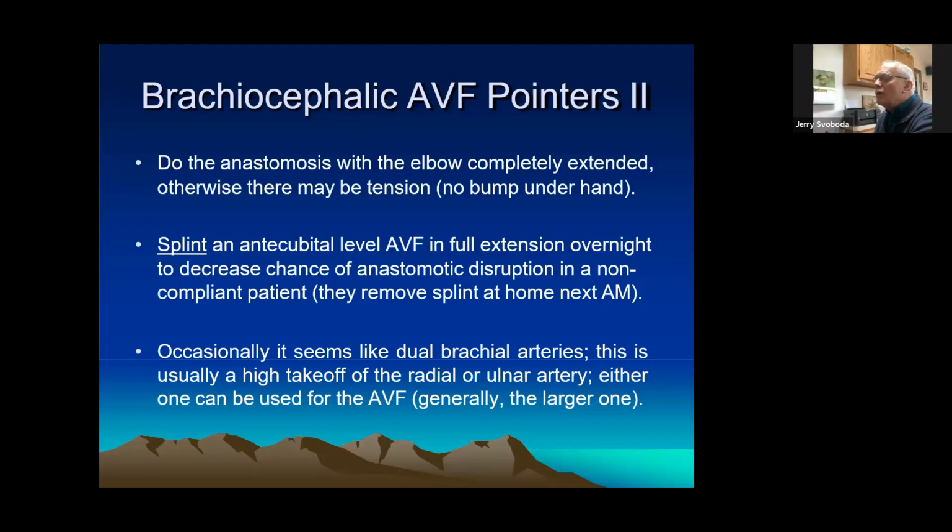In the camps in East Africa, we have splinted antecubital level fistulas in full extension overnight. And we remove the splint the next morning. In the States, if the person was going home the same day, I would instruct them about taking off a Velcro splint the next morning.